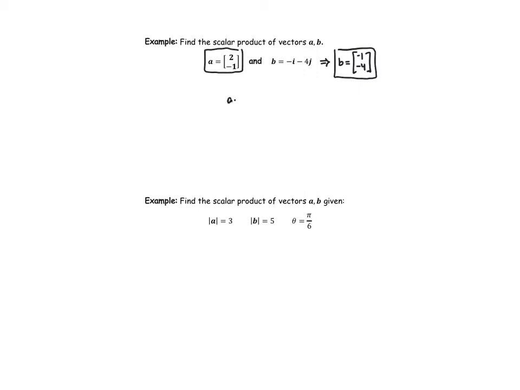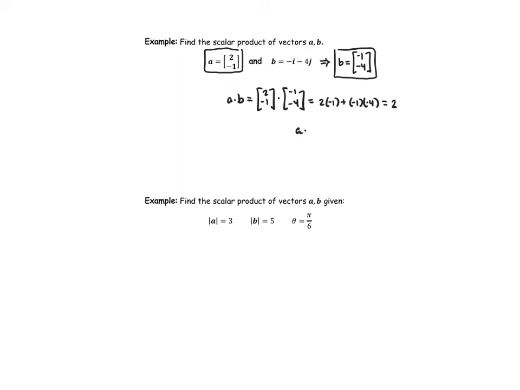So A dotted with B, or the scalar product of A and B, will be the vector 2, -1 times the vector -1, -4, which will equal 2 times -1 plus -1 times -4, which comes out to be +2.